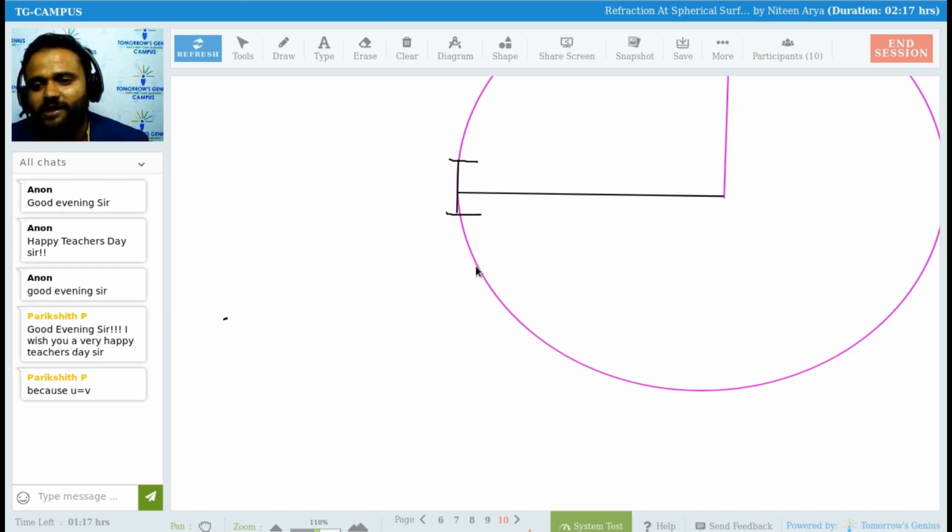In the same sense, for our eye's vision, the closest point is 25 centimeter. If you read closer than 25 centimeter, after a few seconds your eyes will feel a little pain. So the closest point is 25 centimeter and the farthest point is infinite.